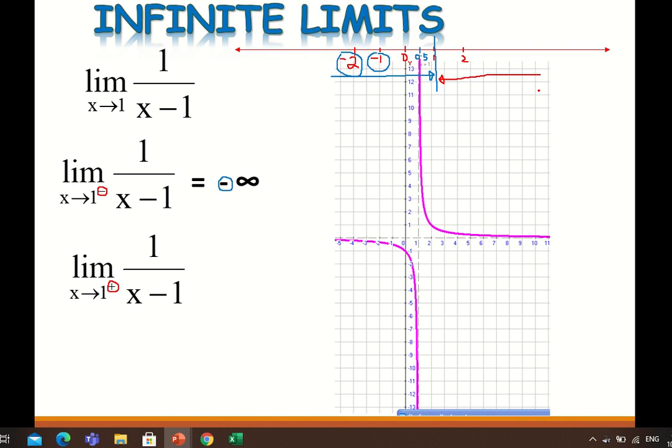For example, when x equals 2, 2 minus 1 is 1, so 1 divided by 1 is 1.